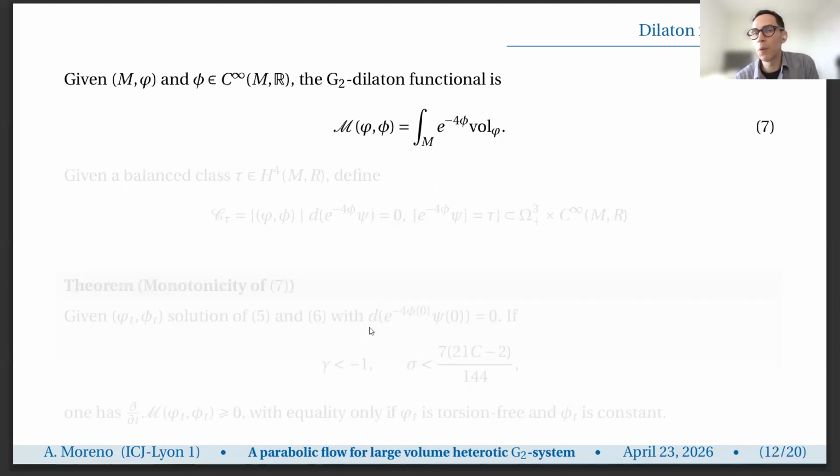And that is something that we found when we studied the so-called G2 dilaton functional. Basically, the G2 dilaton functional is some scaling of the volume functional, which is very similar to the dilaton functional studied for the SU(3) structures.